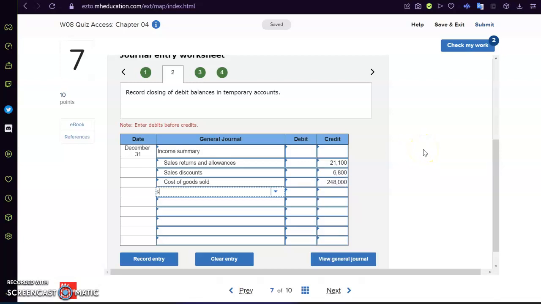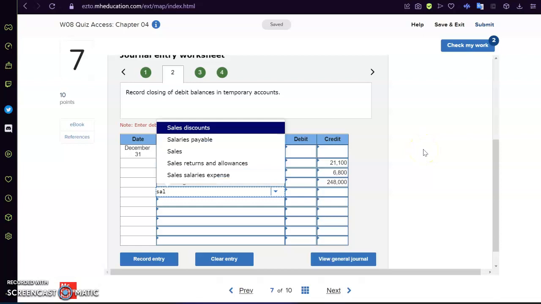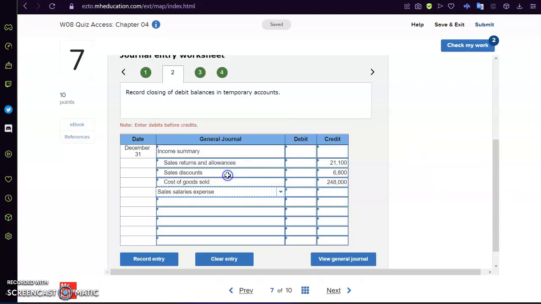We have our sales salaries expense, which is the 66,000 number. We have our utilities expenses, which is 24,000.